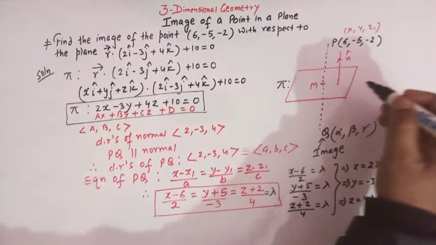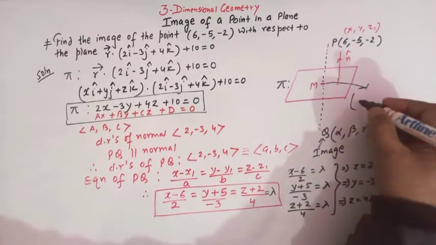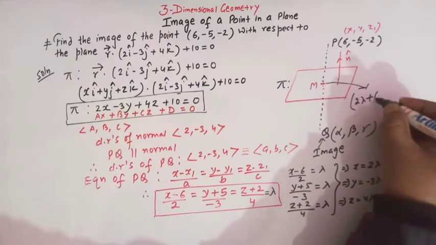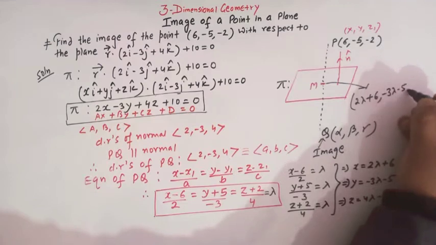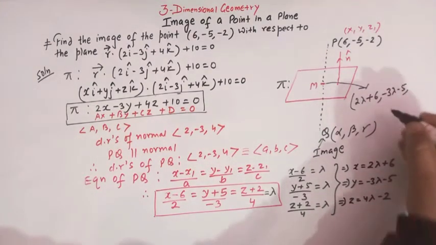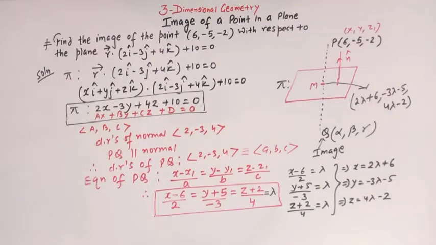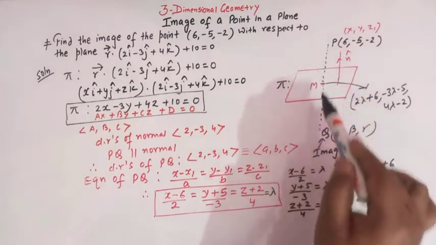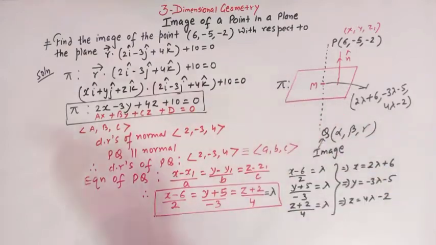So the coordinates of this point M may be taken as (2λ + 6, -3λ - 5, 4λ - 2). Okay, so now here we see that this point M lies on the line PQ as well as on the plane pi, right?